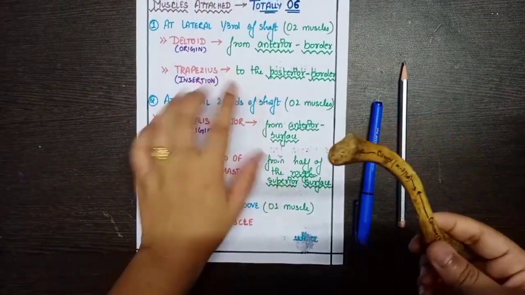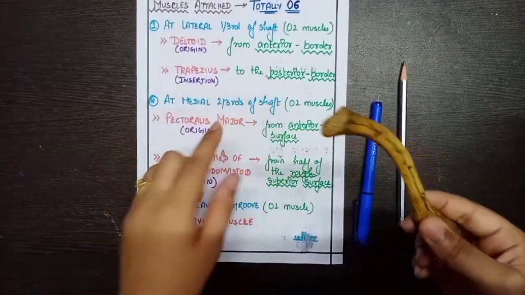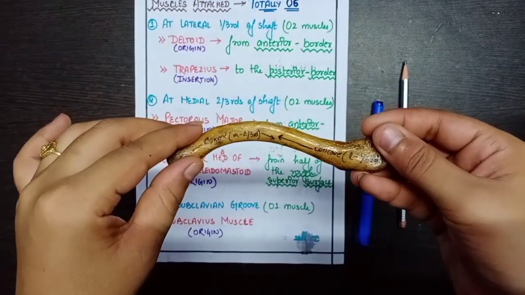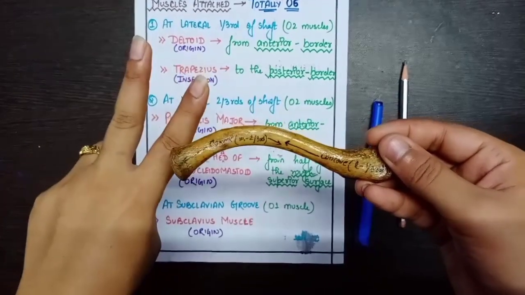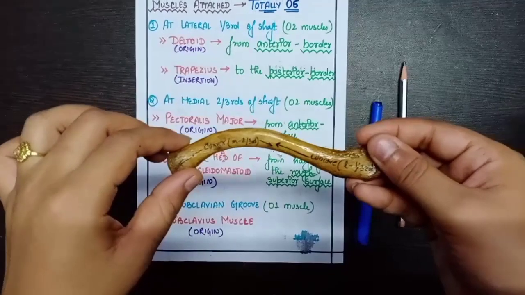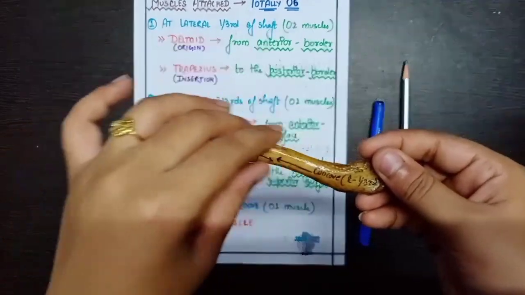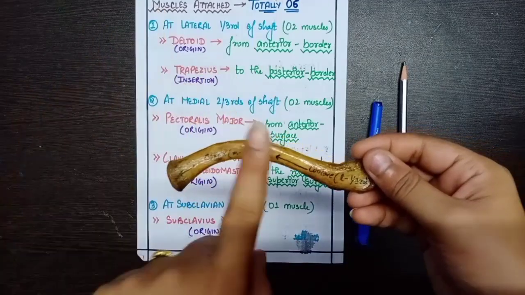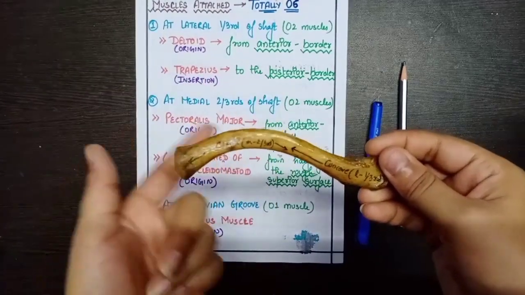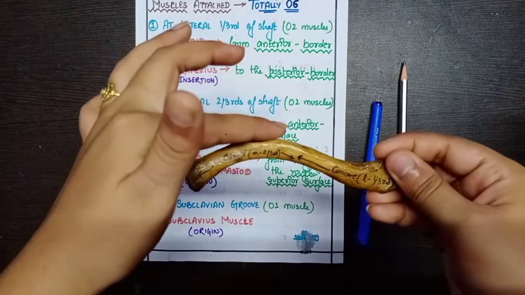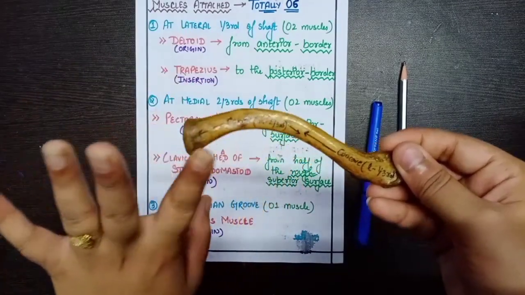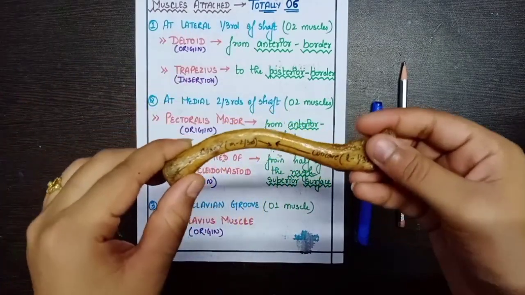See, it's mentioned here very clearly. Now, if we see the medial 2/3 of the shaft, there are 2 muscles originating from it. What you know about the medial 2/3 of the shaft is that we have 4 surfaces: the superior surface, inferior surface, anterior surface and posterior surface. So 2 muscles originate here.